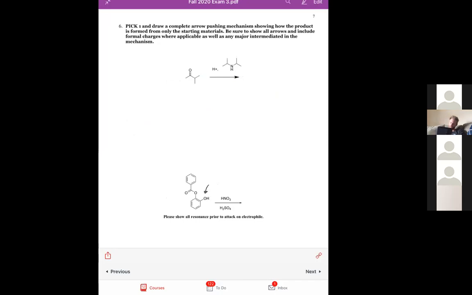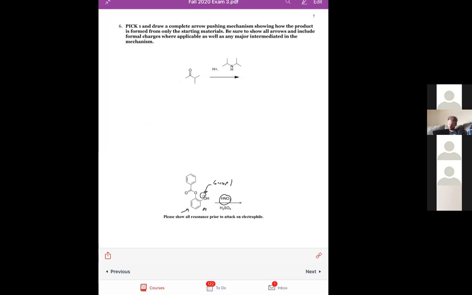So group 1 here. This is the group we care about. It's an ortho-para director. This is really big, so we're most likely just going to add to the para position. It says please show resonance prior to the attack of the electrophile.